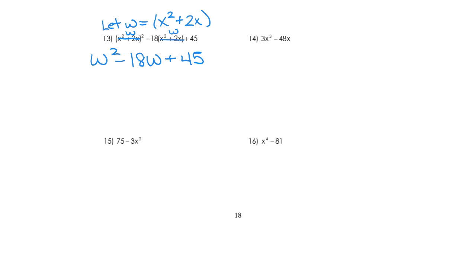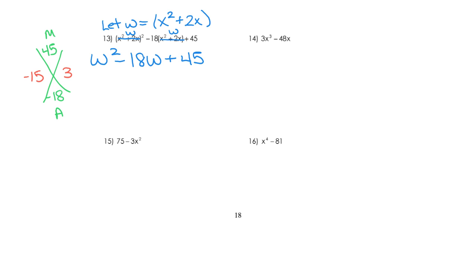And that turns it into a nice easy trinomial. We can X box. Our multiply would be 45, and our add would be negative 18. If we think of the numbers, 9 and 5 won't work. What about 15 and 3?